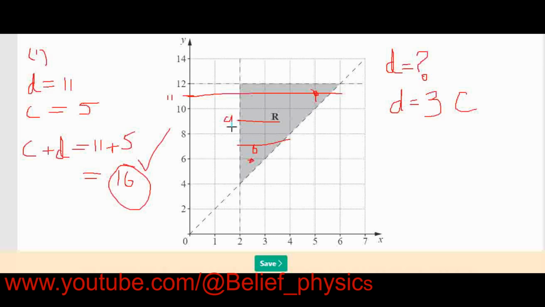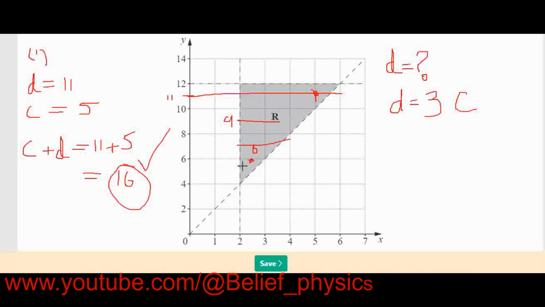So we have to find the maximum value of d given that d is equal to 3c. Now this is 6, but for 6, x should be 2.